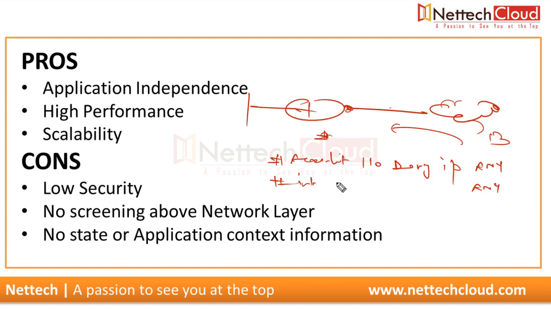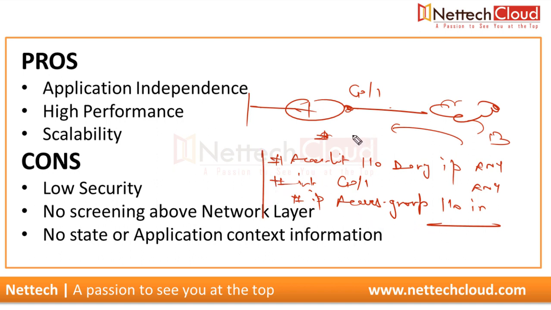Let us assume gig 0/1 is the interface that connects to the internet, and there, ip access-group 110 in. It means there is an access control list associated with the external interface, and the purpose of this ACL is to deny any traffic coming from the internet side.